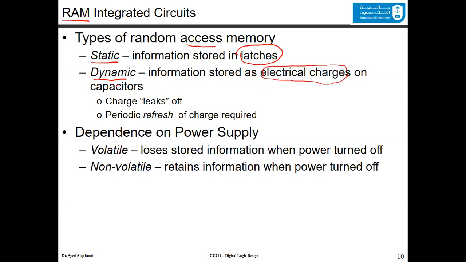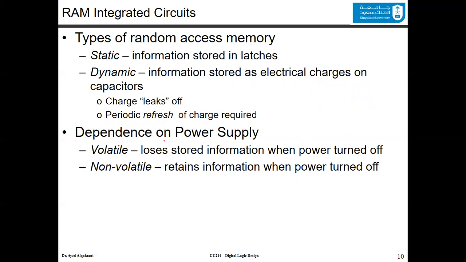Now, one disadvantage of the dynamic is that the charge leaks out with time, especially if you are storing a logic 1. With time, the voltage value leaks out and tends to go back to 0. To avoid this, we need to do a periodic refresh, where we supply it again to full voltage to make sure that it's kept at 1 and never touches 0.